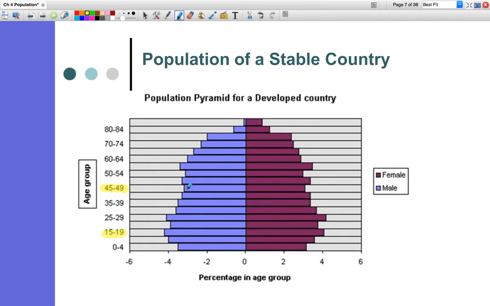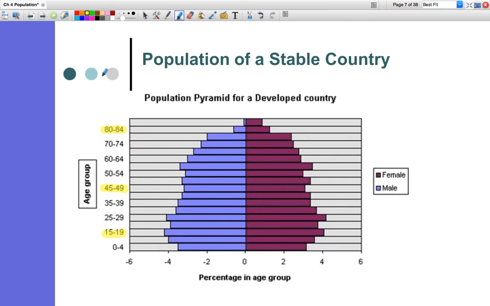So probably about a 3% difference for our male portion of the population. And over here on our female portion of the population, it is pretty similar. We can see up here that women tend to live a little bit longer than men, and that is reflected in the population distribution at the top.